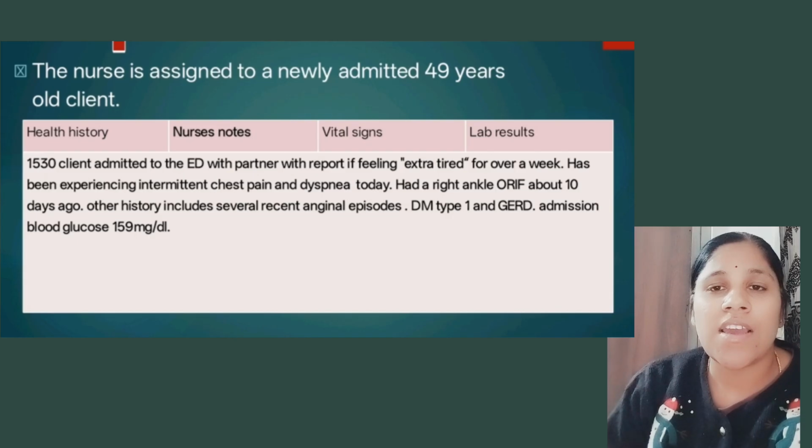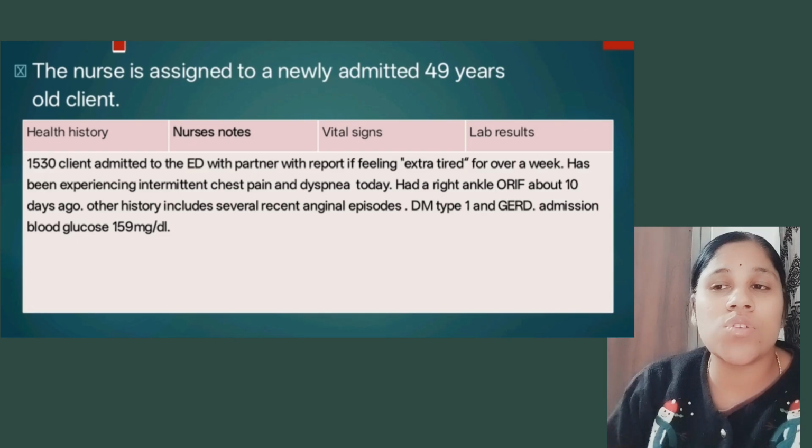It says, at 15:30, client admitted to emergency department with partner, report of feeling extra tired for a week and has been experiencing intermittent chest pain and dyspnea today, and he also had a right ankle ORIF, that is open reduction internal fixation, about 10 days ago.